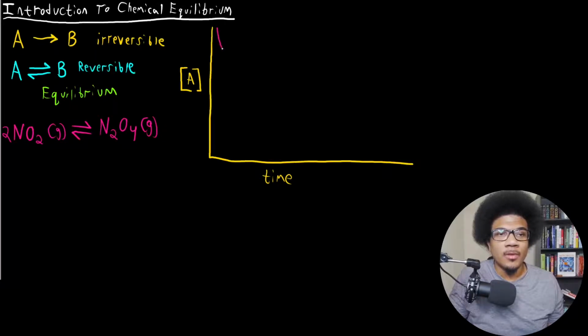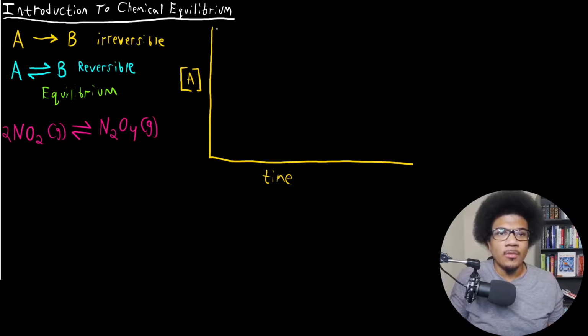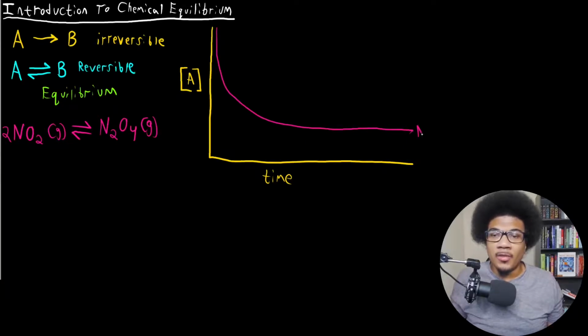Let's say we start with a vessel of NO2. So this will be our plot for the concentration of NO2.